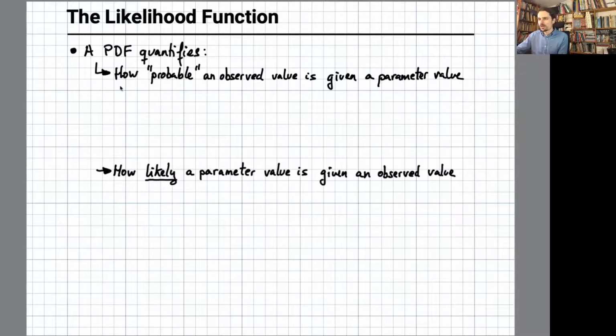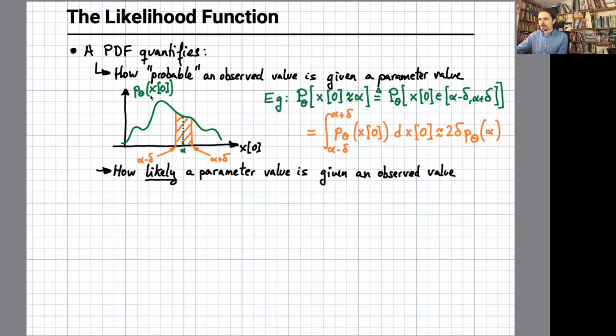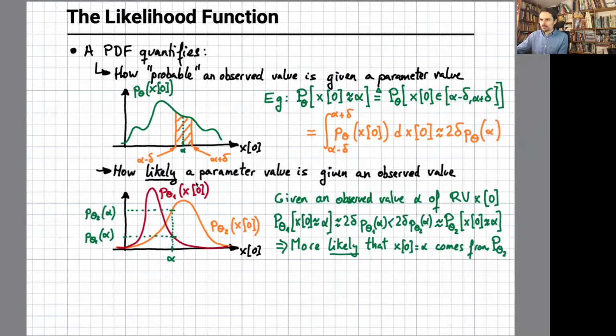So on the one hand, the PDF indicates or provides the probability that a random variable takes approximately a certain value. But on the other hand, we said that for fixed values of the observations, the PDF also indicates how likely is each value of the parameter.